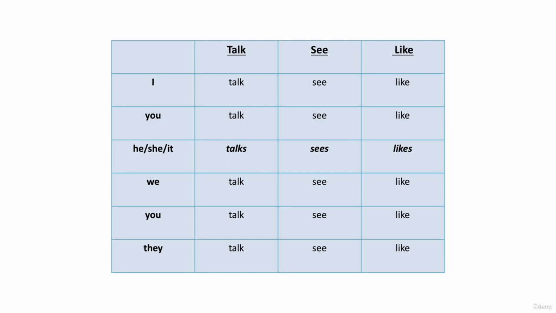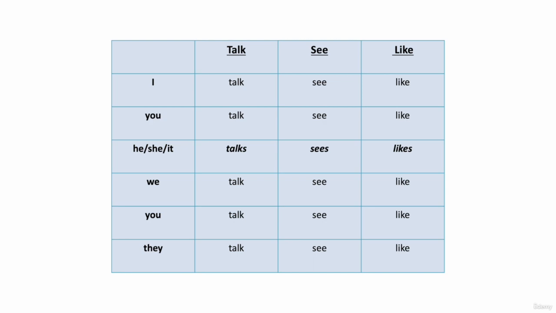To form the present simple tense, we keep the base form or the infinitive, except with third-person pronouns, which are he, she, and it, for which we add an S at the end of regular verbs.